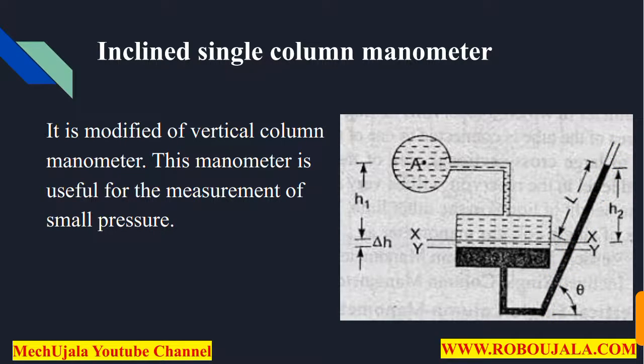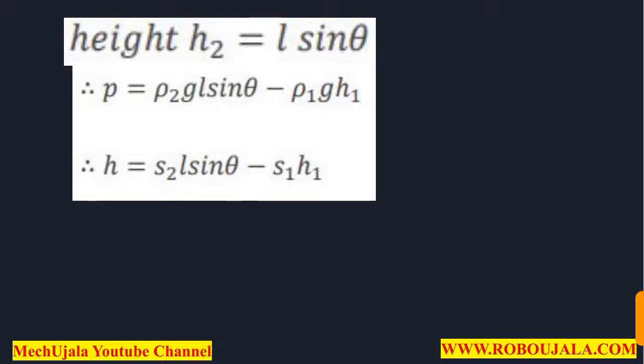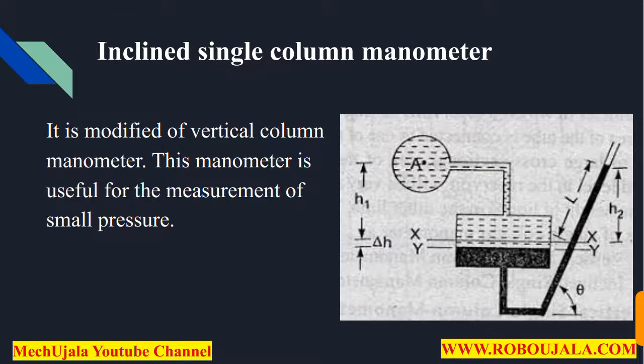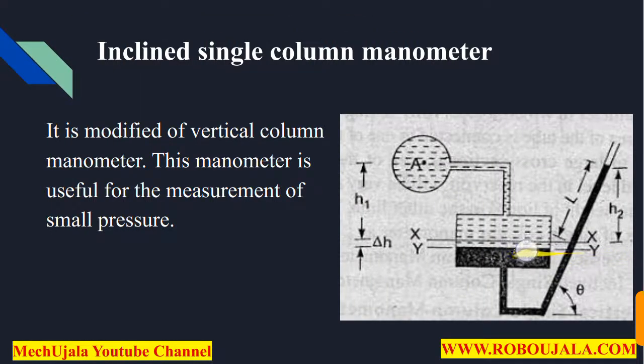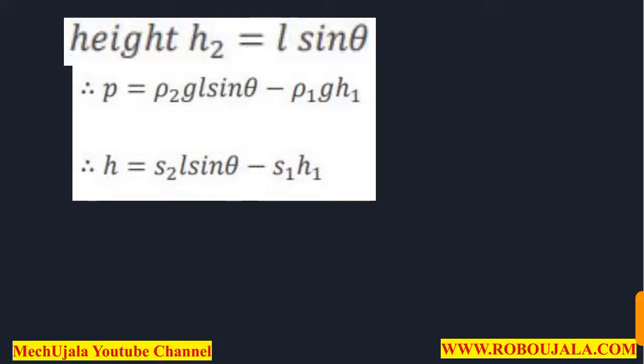So let's see how we can calculate the pressure or head. Guys, here we can calculate this vertical height. s2 is equal to L sin theta, because the angle between this cross section and this inclined line is theta. So we will get s2 is equal to L sin theta, and after that we only have to put in the value of s2, L sin theta.